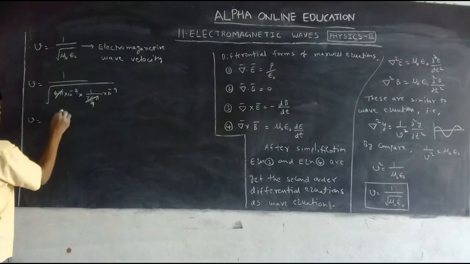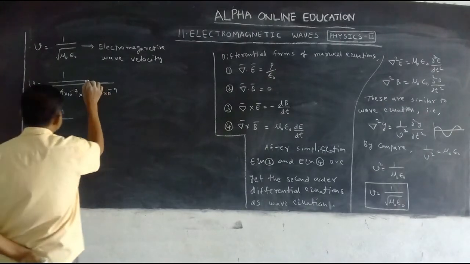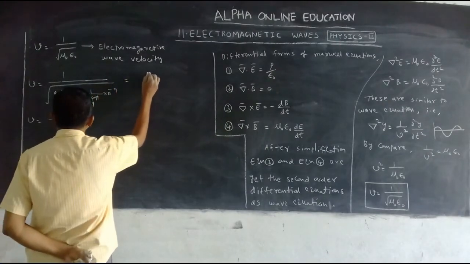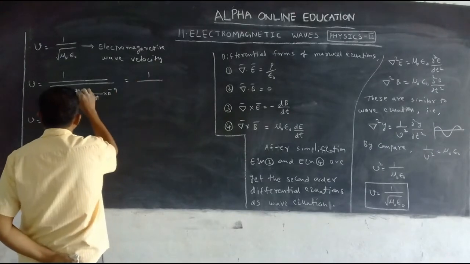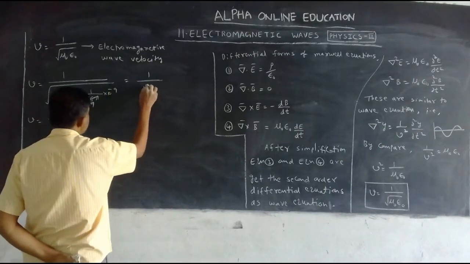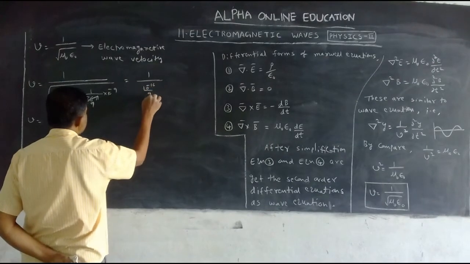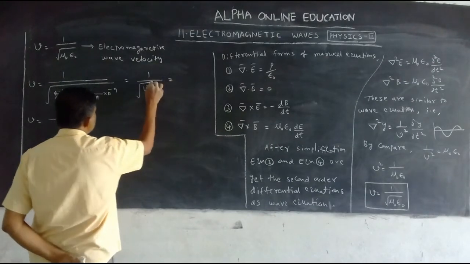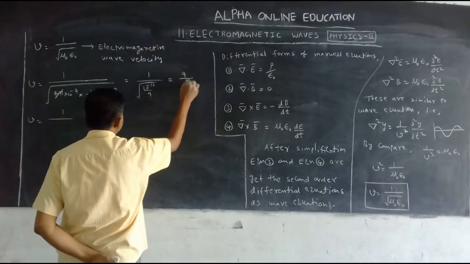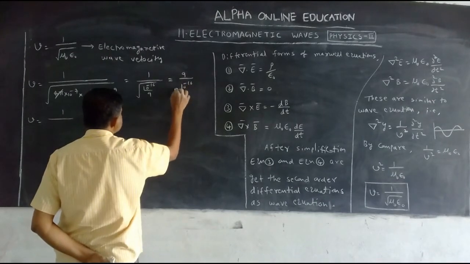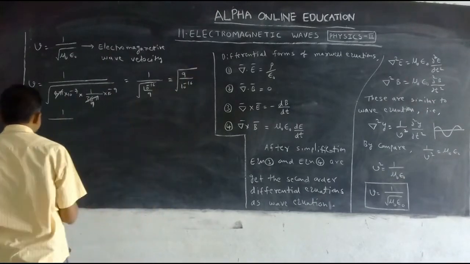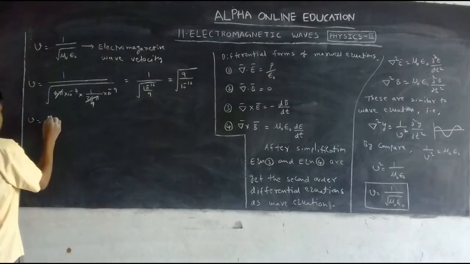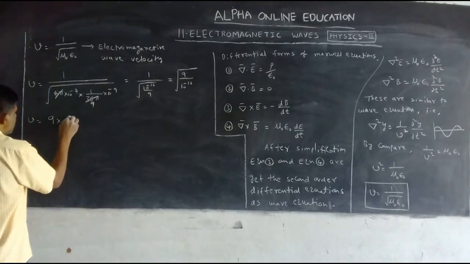So V is equal to 1 by root of, after simplification, 10 to the power minus 7 minus 9, that is minus 16, by 9. So we can write 9 by root 10 to the power minus 16. Next step, we can write root of 9 into 10 to the power plus 16.